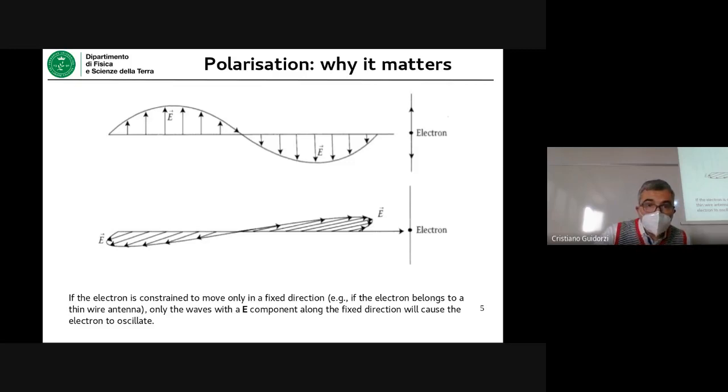But consider the opposite case, an electric field which is perpendicular to the wire. If you have a polarized wave in which the direction of polarization is perpendicular to the wire, there's no way electrons can move.